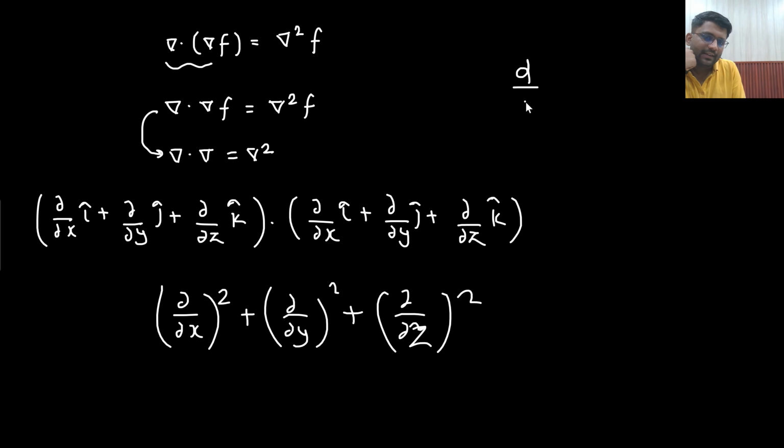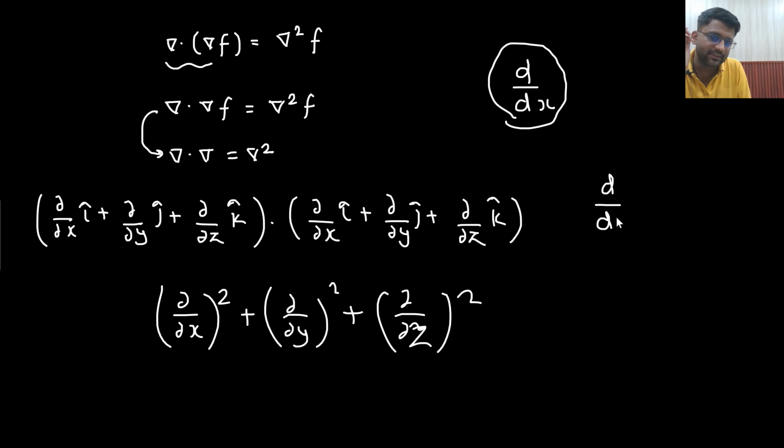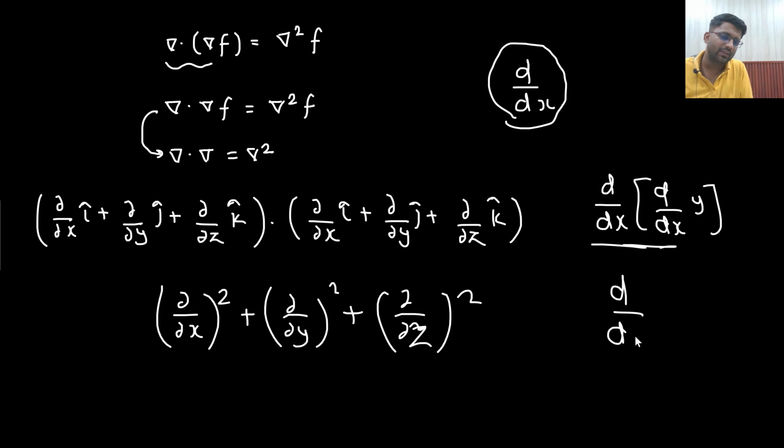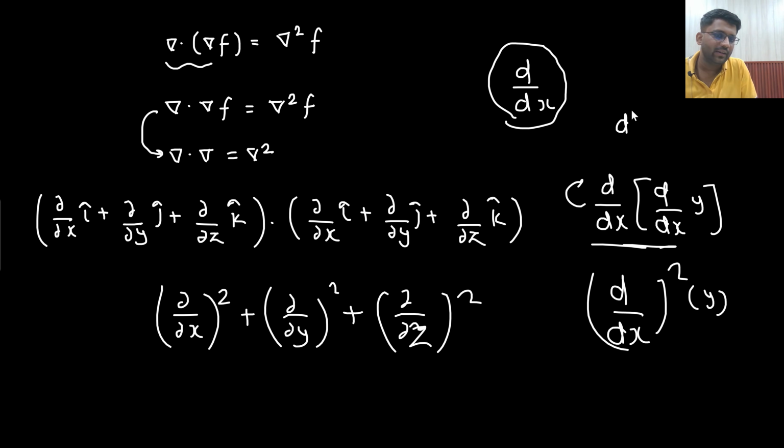D by dx, is it a number or an operator? When in mathematics I do d by dx of y, what do I write down? Do I write d by dx whole square of y? No. I write d2 y by dx square.